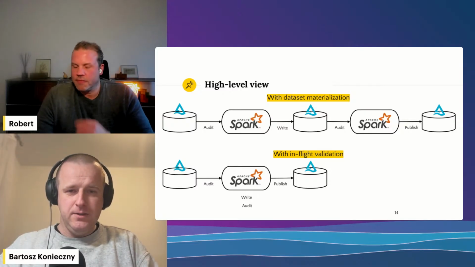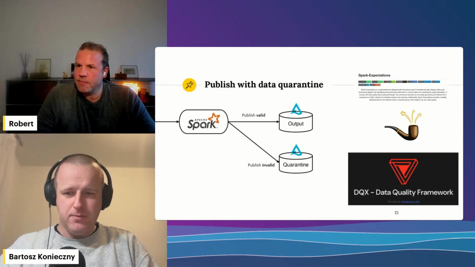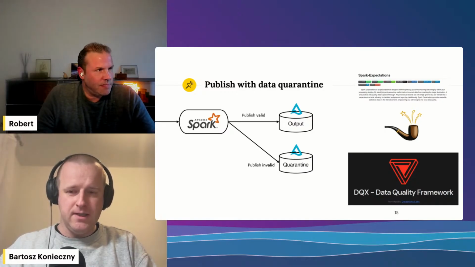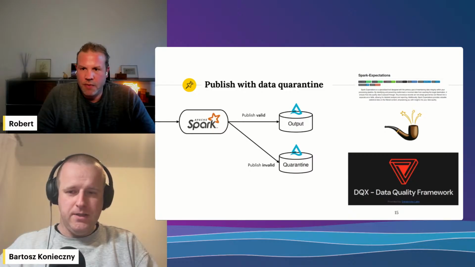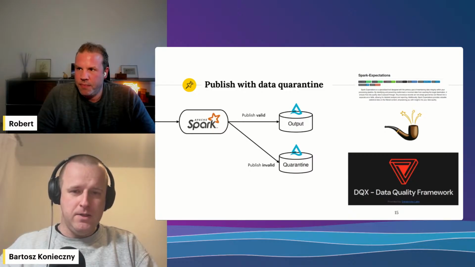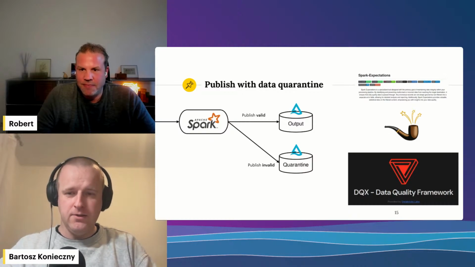And besides, you can also implement a different approach. You still have this audit step, but do not consider it as a blocking point. Instead of writing all or nothing, split your writing part into two: publish all valid records to your customers and publish the invalid ones to the quarantine tables, or you can also call it the dead letter table.